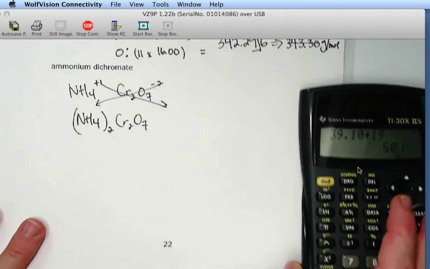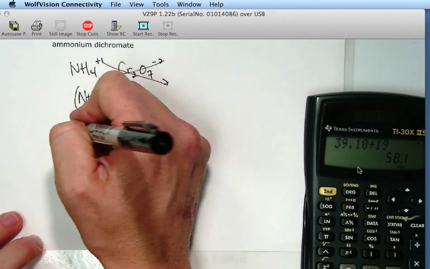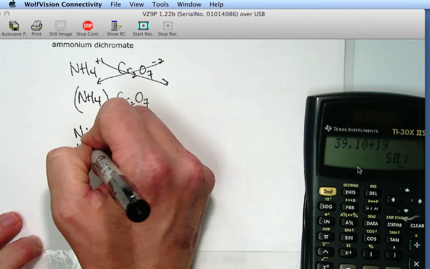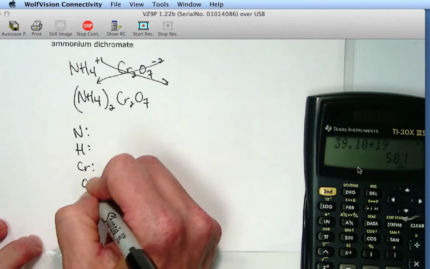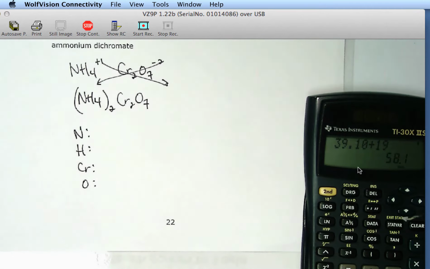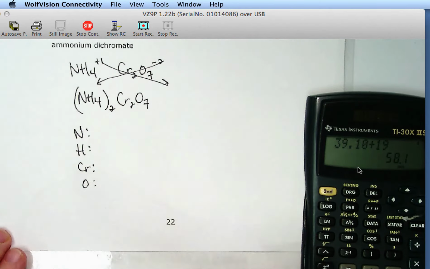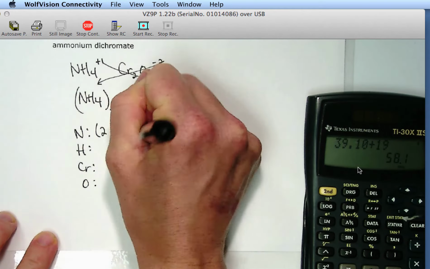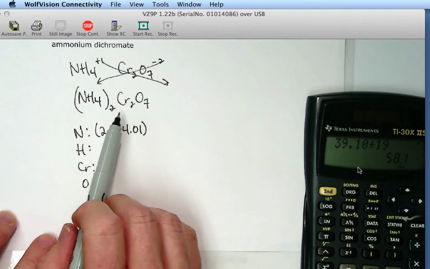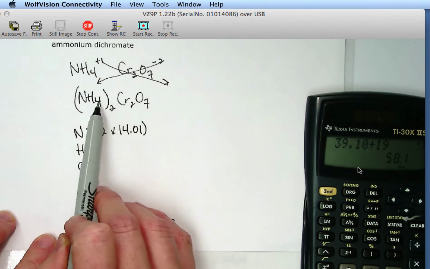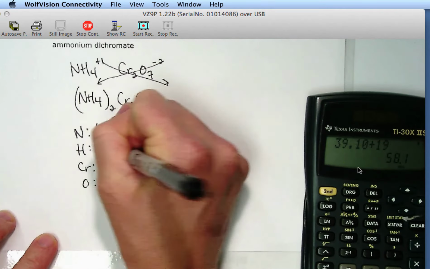Now, in terms of calculating the molar mass, you've got nitrogen, hydrogen, chromium, oxygen. How many nitrogen atoms do you have? 2. That 2 outside the parentheses multiplies the inside. So 2 times 1 gives you 2, so 2 times 14.01 for nitrogen. How many hydrogens? 2 times 4, so you have 8 times 1.008.